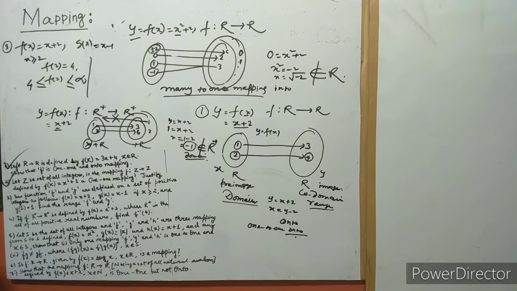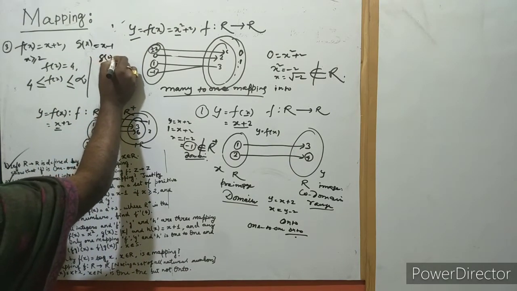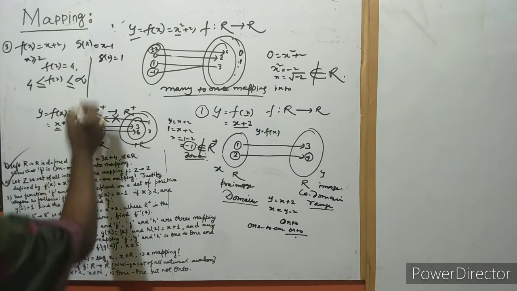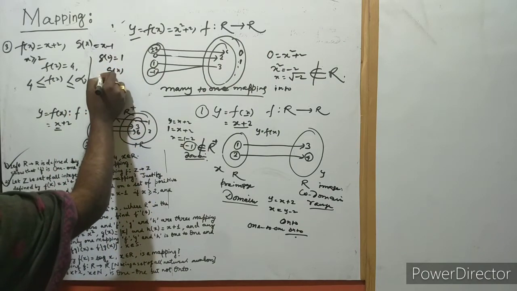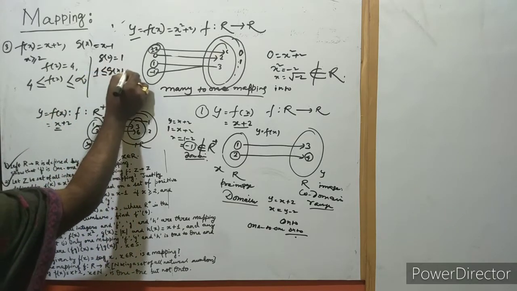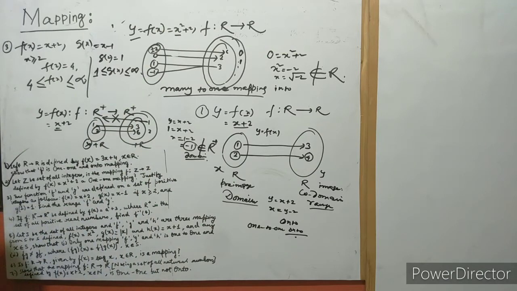As we are given that f and g are functions on positive integers, if we put 2 in g, g of 2, then what do we get? We get 1. So g of x also lies from 1 to infinity. g of 1 is 1 here.